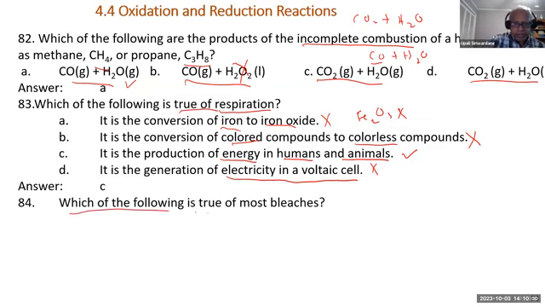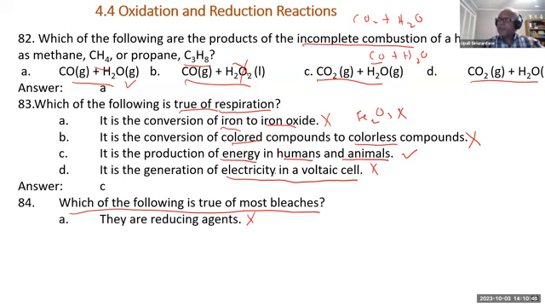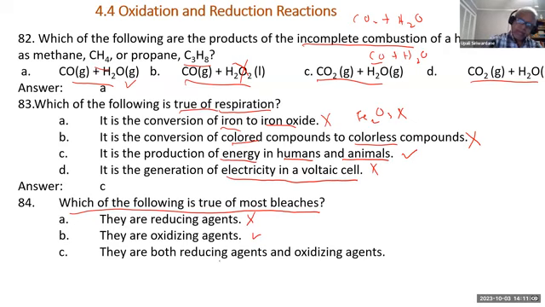Which of the following is true for bleach? Anything that bleaches is the reducing agent. Bleachers are oxidizing agents. If you use chlorine, chlorine gets reduced to chloride. It gains electrons. Therefore, it causes something else to get oxidized. It is an oxidizing agent. It gets reduced. Both reducing agent and oxidizing agent?